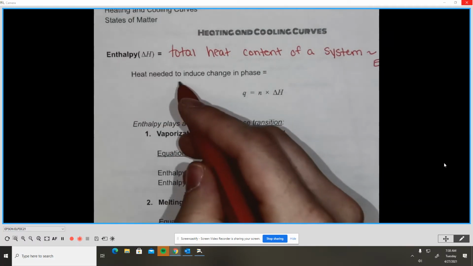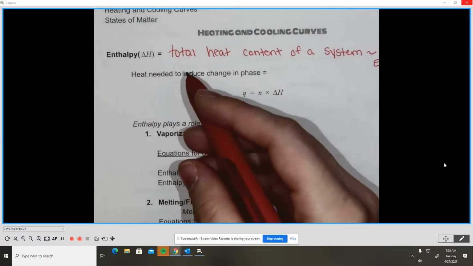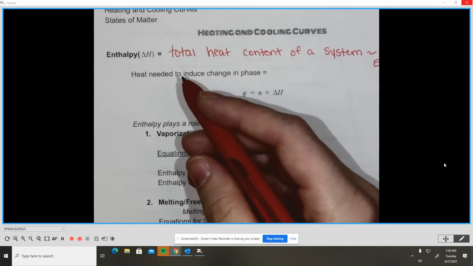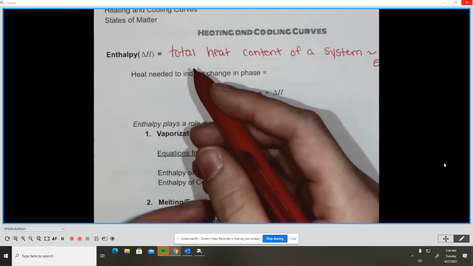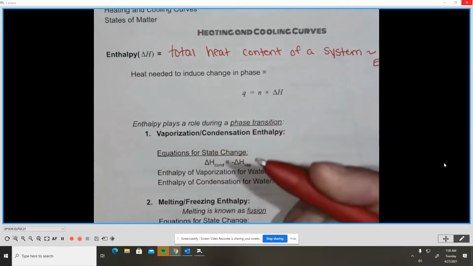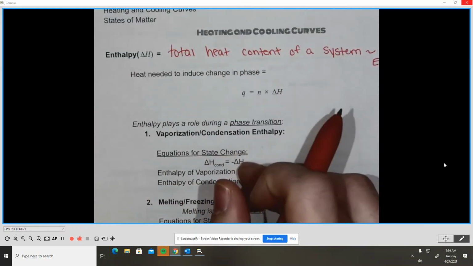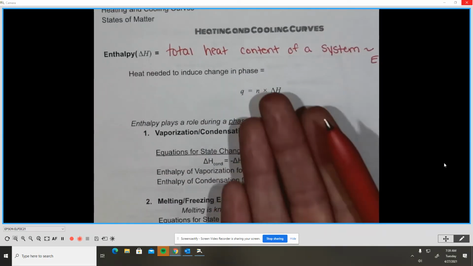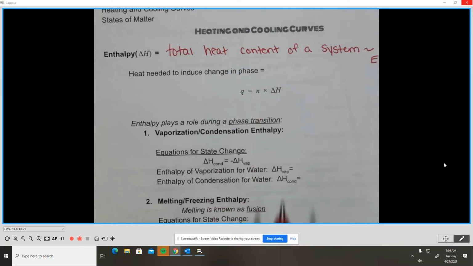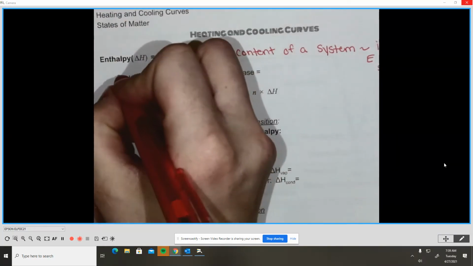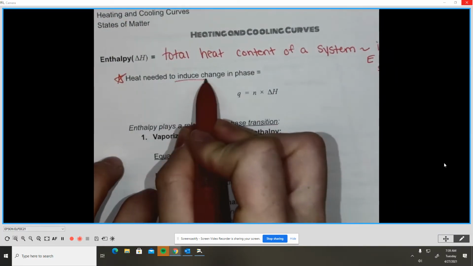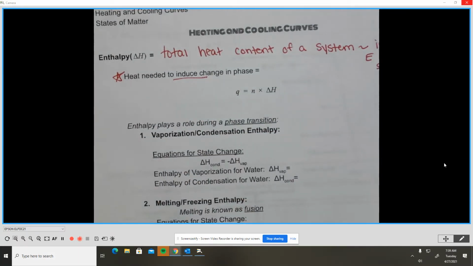So it's how much heat is needed to go from solid to liquid, or how much heat is needed to go from liquid to gas, or how much heat is needed to be taken out to go from gas to liquid, or how much heat is needed to be taken out in order to go from liquid to solid. So very important way to think of it is heat needed to induce or start a change in phase.